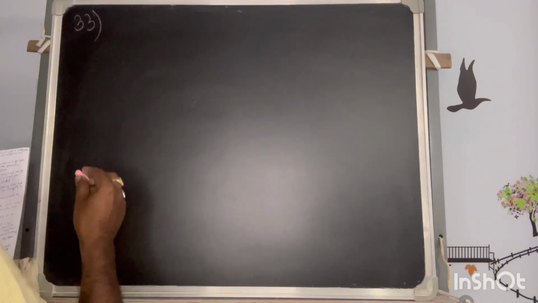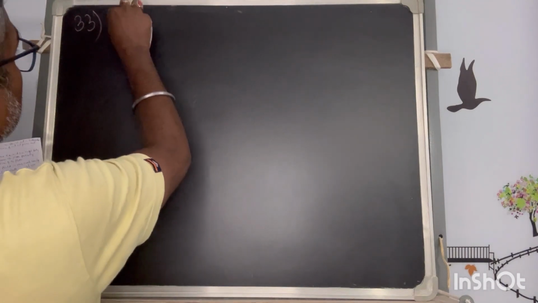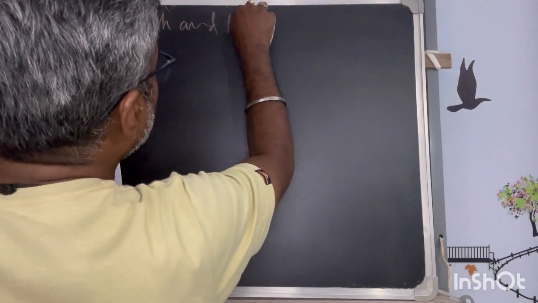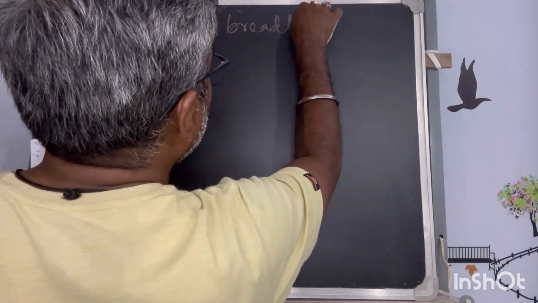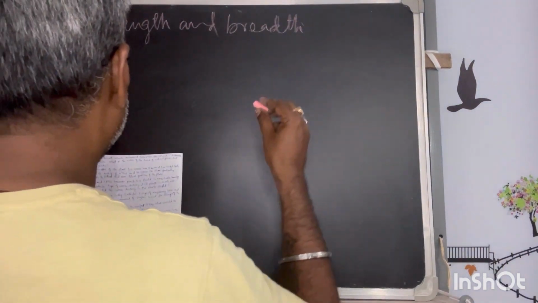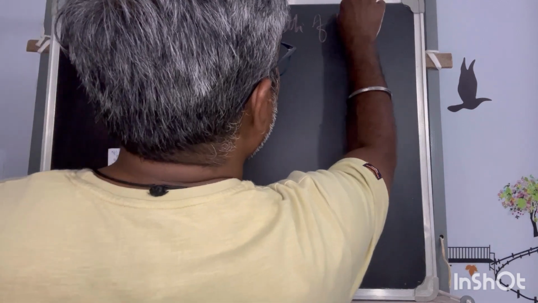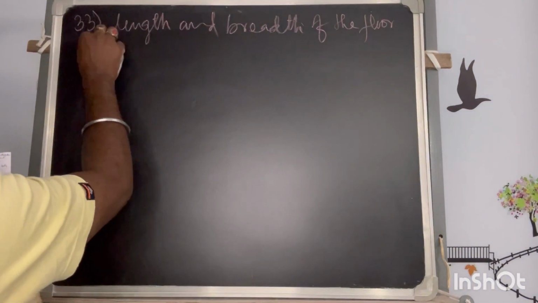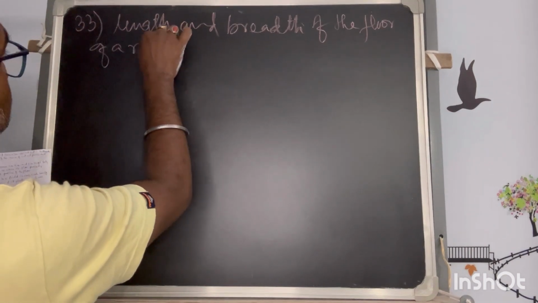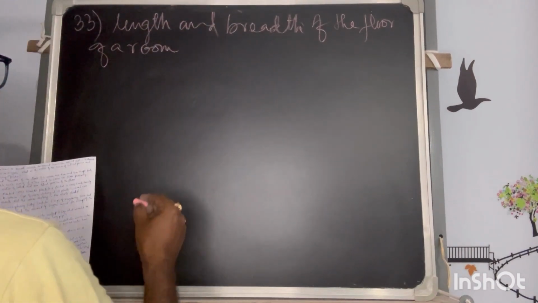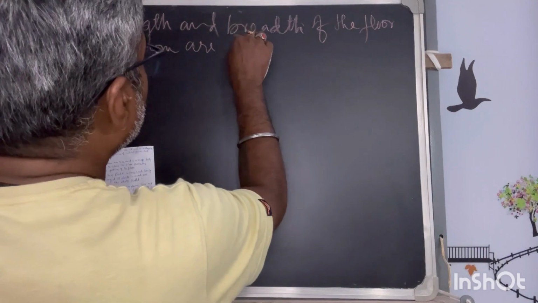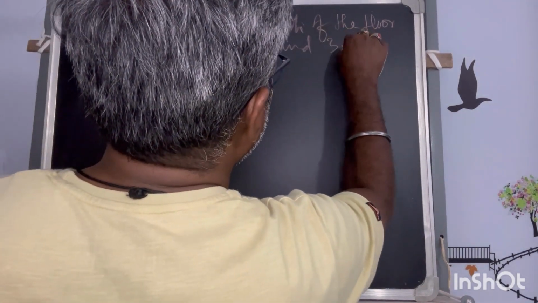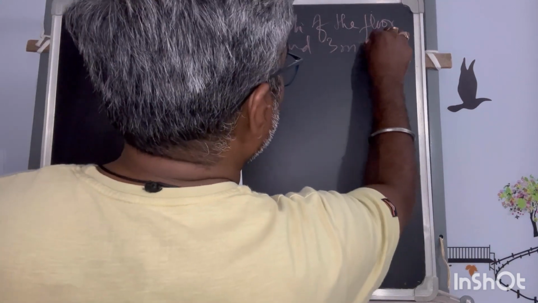33. Length and breadth of the floor of a room are 5 meter and 3 meter respectively.